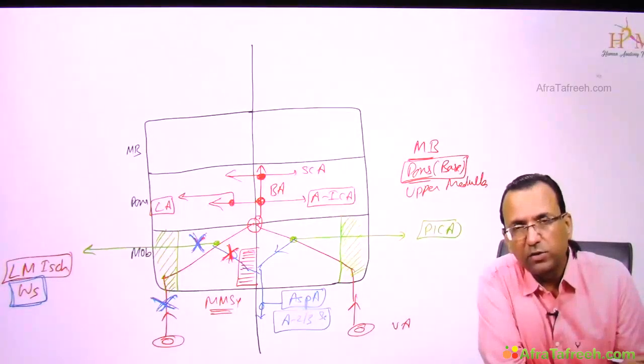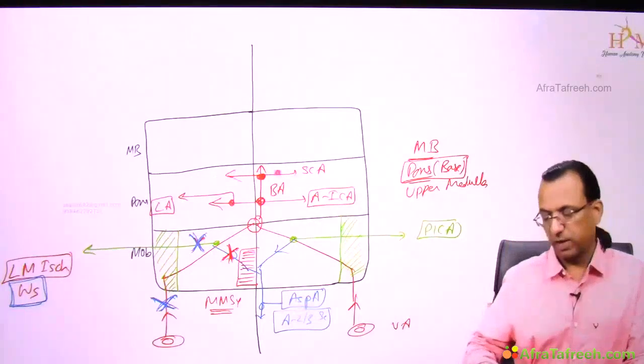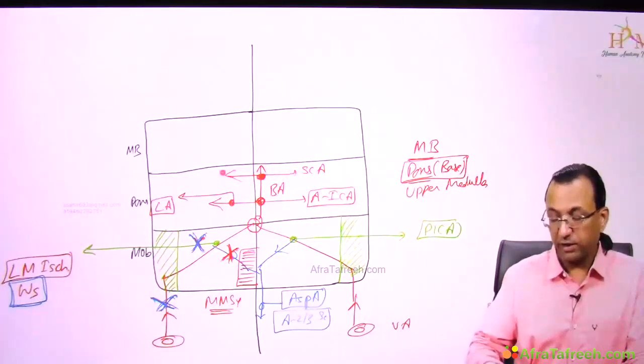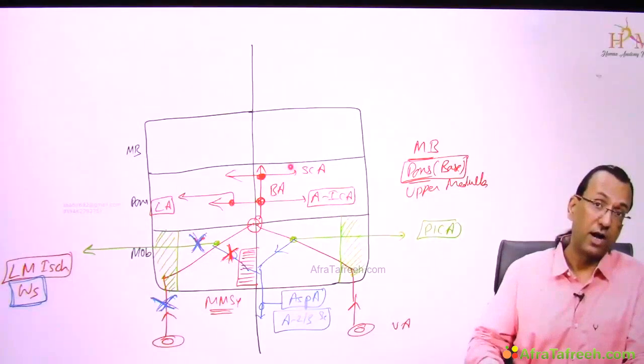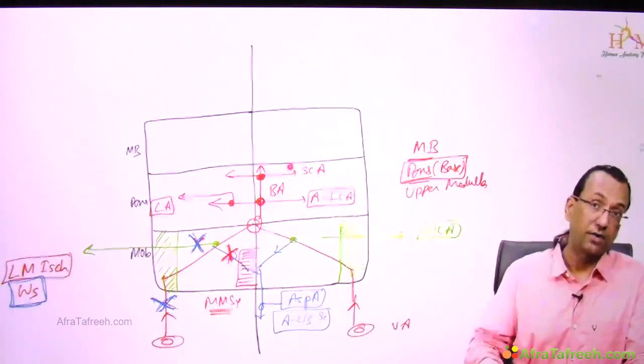So it is better that you remember the artery which does not supply the medulla oblongata, which is the superior cerebellar artery, rather than remembering 11 arteries which supply the medulla oblongata.